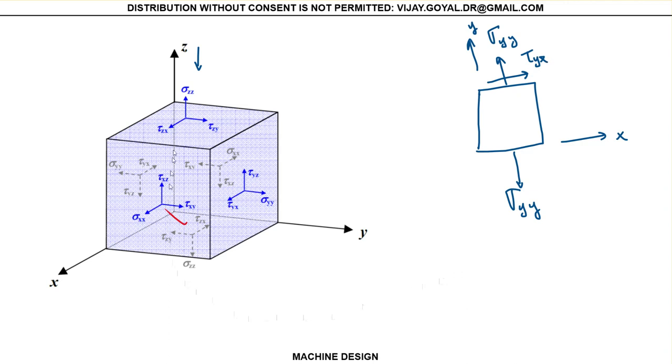Now, if I'm seeing it from the top, remember, I'm seeing it from here, then you're going to see this surface, and then you're going to see this one acting in the x and the y direction. Okay, so then you also have this one acting in the x and the y direction. And because of symmetry, this happens the same on the opposite side as well. This is tau xy. This is tau yx.